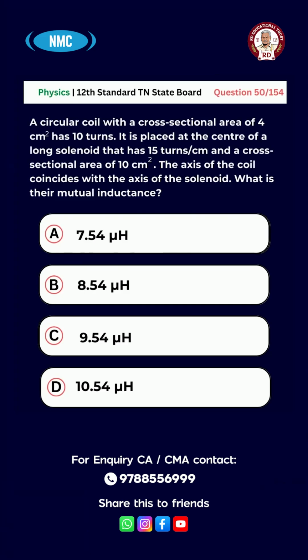It is placed at the center of a long solenoid that has 15 turns per centimeter and a cross-sectional area of 10 cm². The axis of the coil coincides with the axis of the solenoid. What is their mutual inductance? Option A, 7.54 μH, B, 8.54 μH, C, 9.54 μH, D, 10.54 μH. Right answer is option A, 7.54 μH.